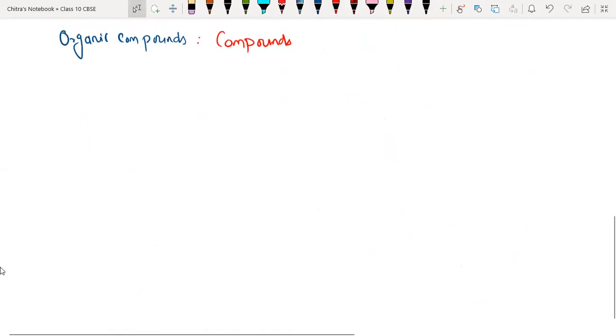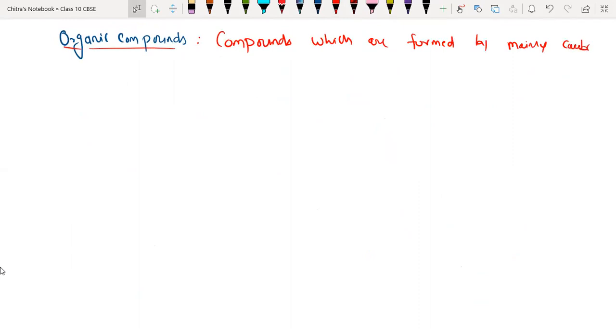So organic compound. We have to understand what are organic compounds. Compounds which are formed by mainly carbon atoms. Other atoms will also be there, like hydrogen must be there, oxygen, sulfur, other elements also, but we are discussing mainly carbon.